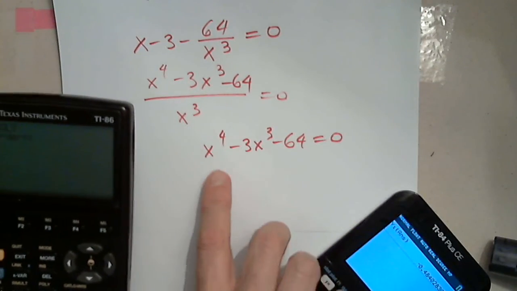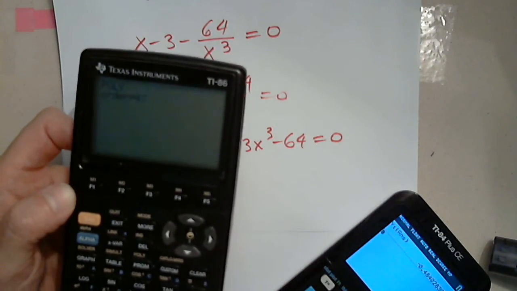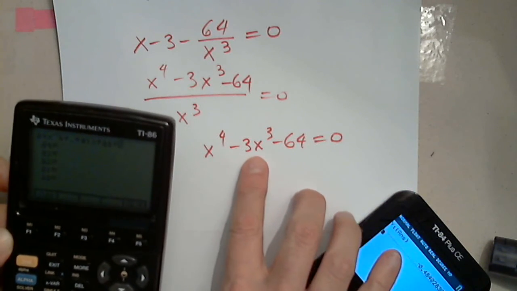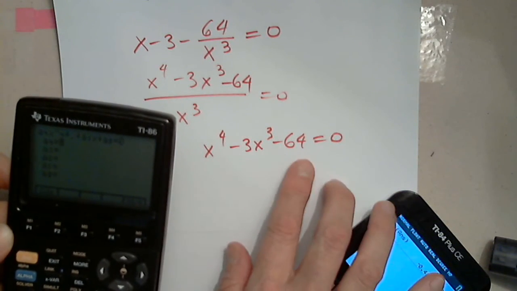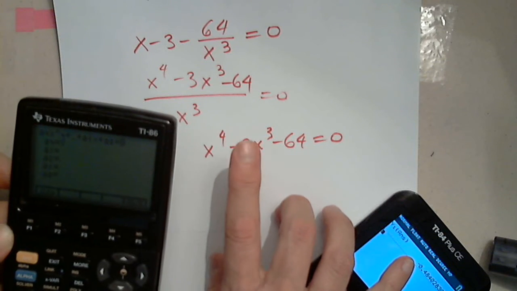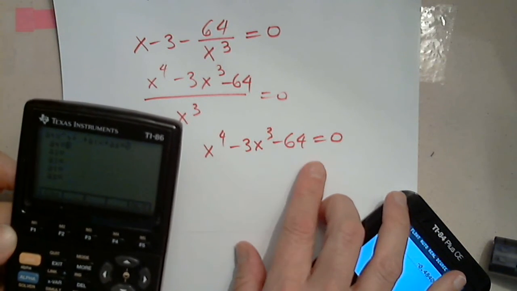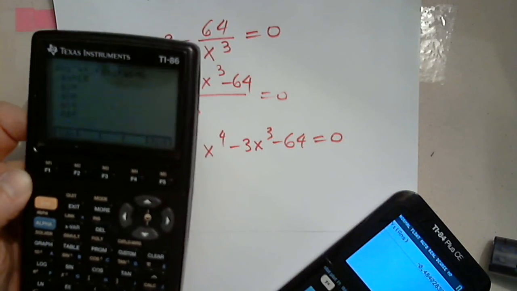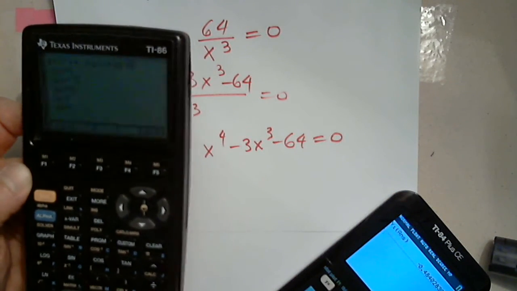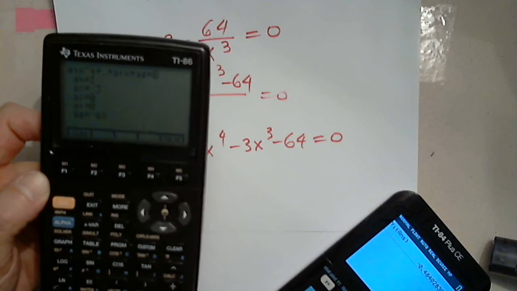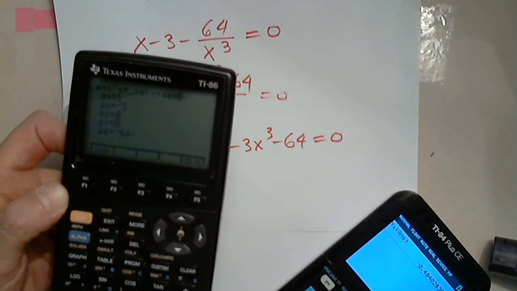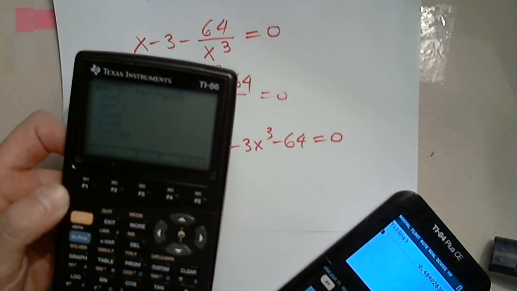By the order, it means the degree, 4. Now it's asking me to put the coefficients in descending order: 1, -3, 0, 0, and -64. Then I only have to click solve.